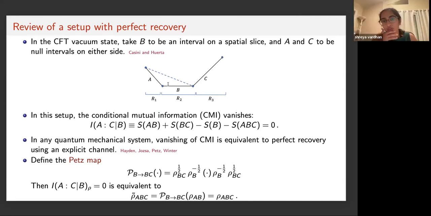Yeah, it's related to the geometry and the fact that you're looking at this particular combination of the entropy. So it means that the length of AB plus the length of BC is the same as the length of B plus the length of ABC. That happens if A squared and C squared vanish. Exactly. I see. So that would be simply a geometric statement.